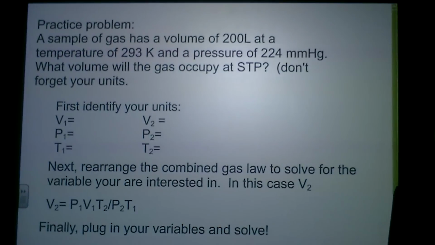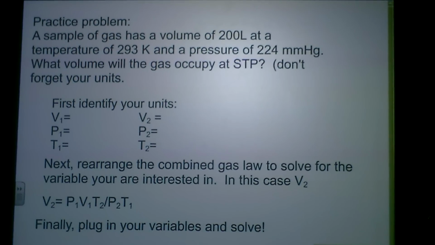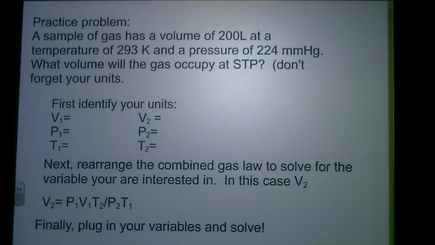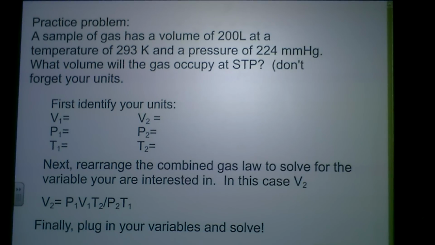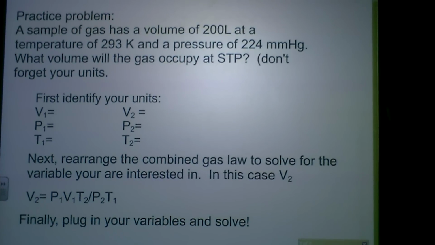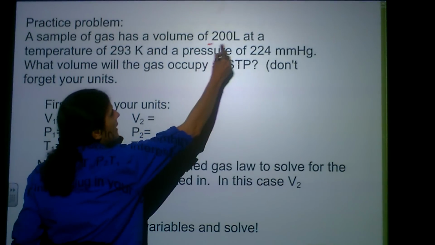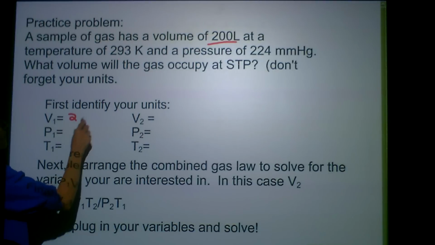So here's a practice problem. We have a sample of gas at 200 liters, a temperature of 293 Kelvin, and a pressure of 224 millimeters of mercury. What volume will the gas occupy at standard temperature and pressure? The first thing we're going to do is identify our variables. Our first volume is 200 liters.